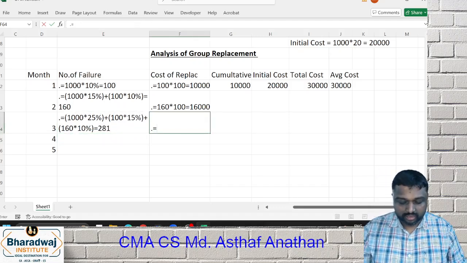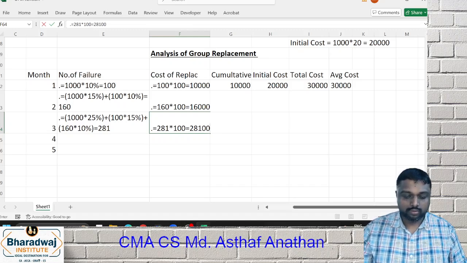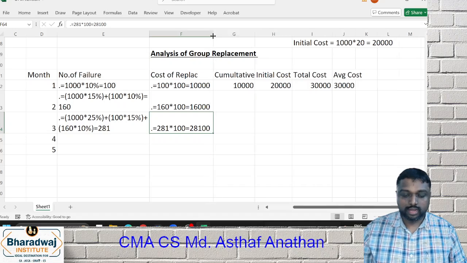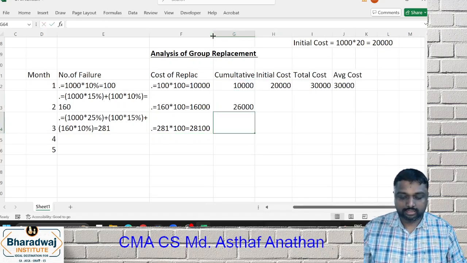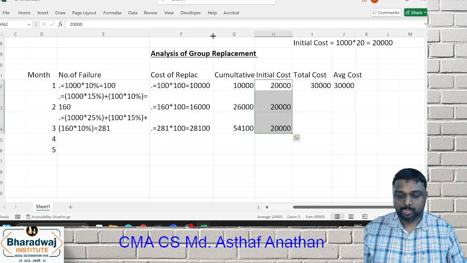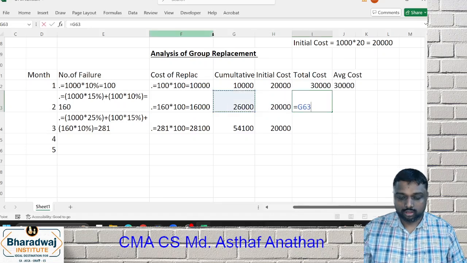Now if I take 281 into 100, I will get what? Correct? We can take cumulative. You have to add 16,000. Here also 2800. What is the initial cost? So what is the total cost?